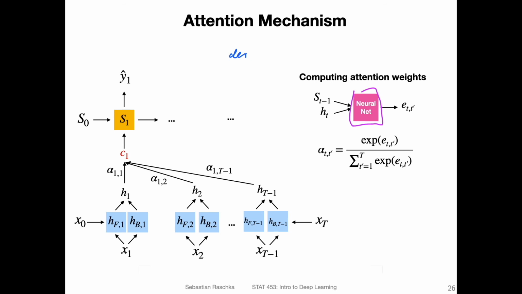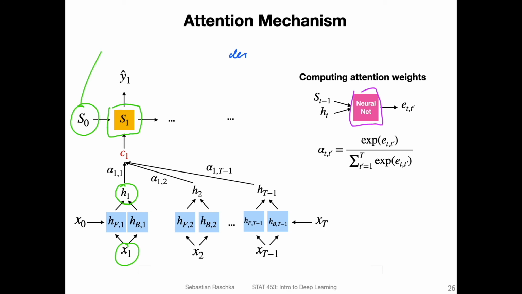So before we get to that, let's take a look at this current time step, S1. What does the current time step get as information? It gets essentially the hidden activation from the previous time step, and then we also have the input from the current time step, X1.